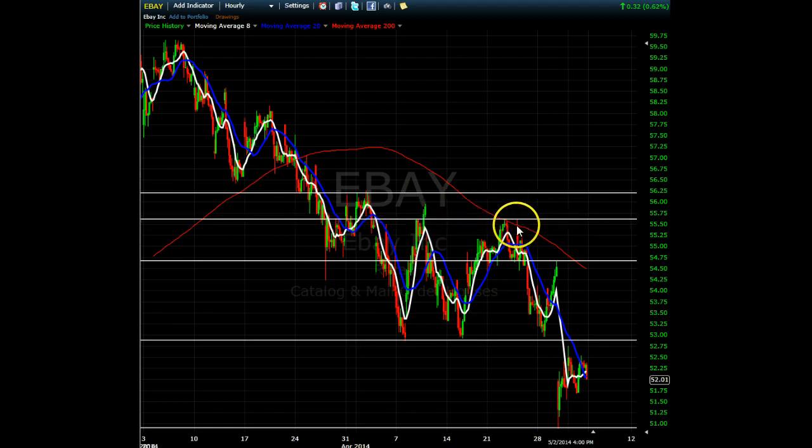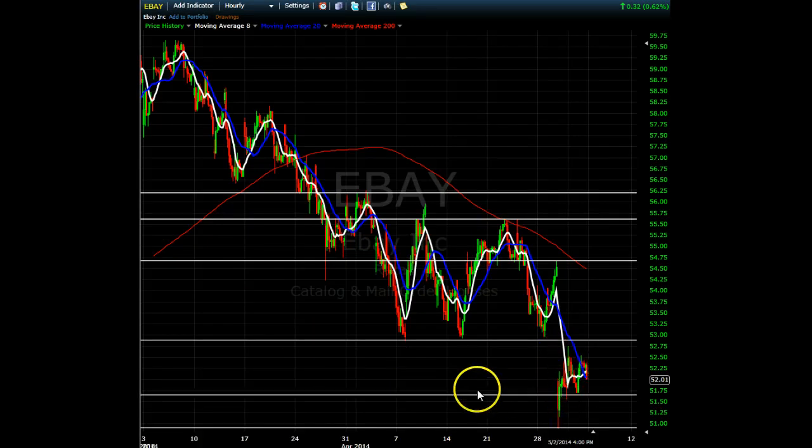That was an area there. Looks like this area right in here kind of bounced into it a couple of times, so it'll be an area I want to keep an eye on.